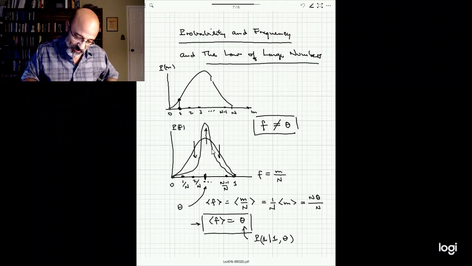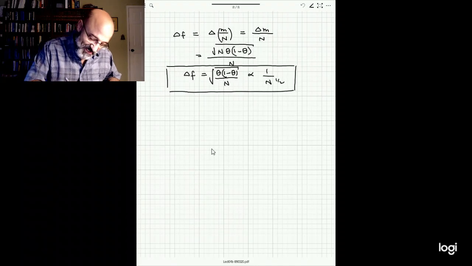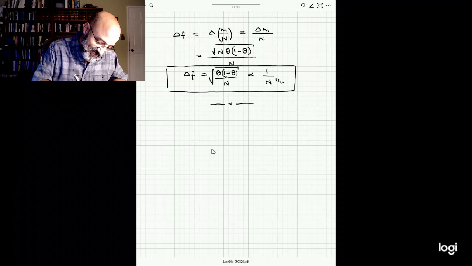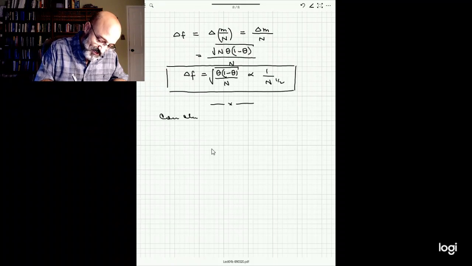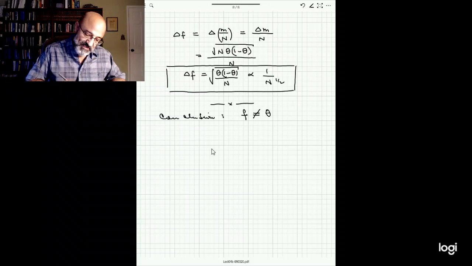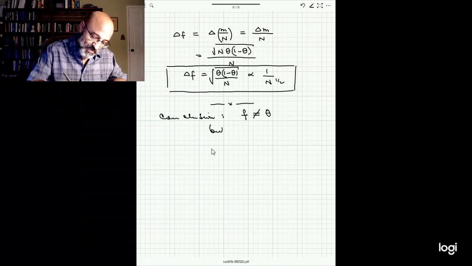Okay. With this, we sort of reach some kind of conclusion concerning the connection between frequencies and probabilities. Frequency is not probability, but the expected value of the frequency matches probability.